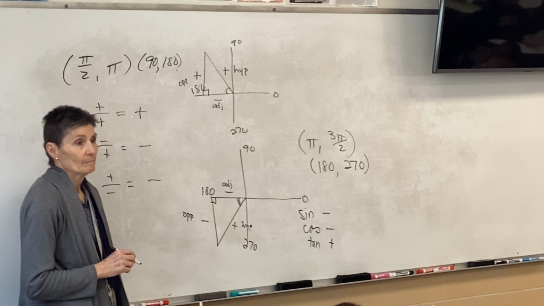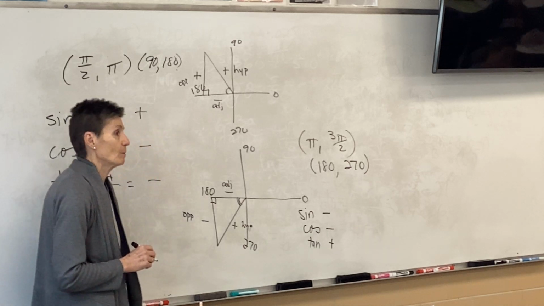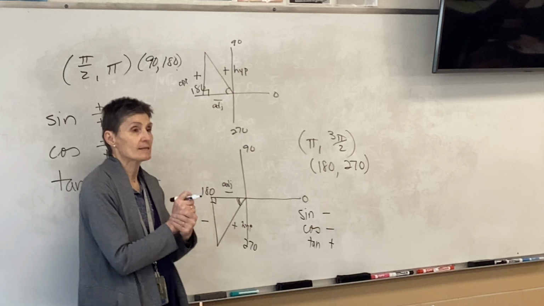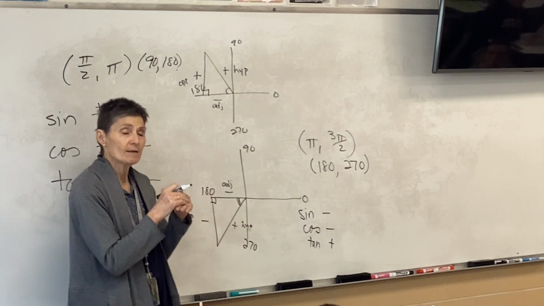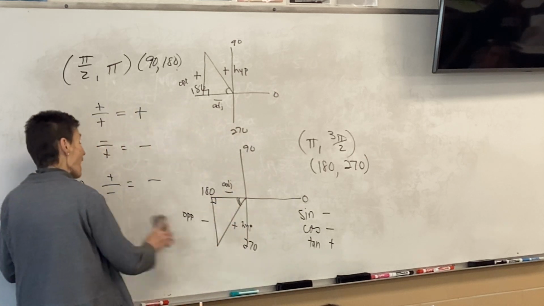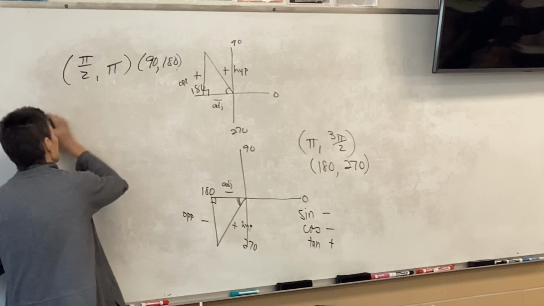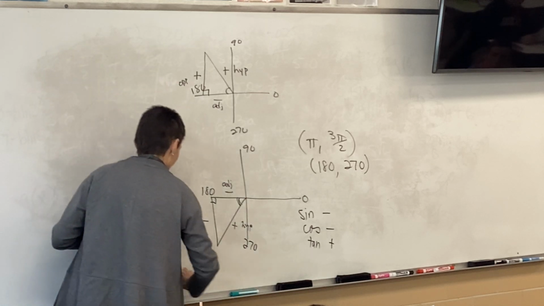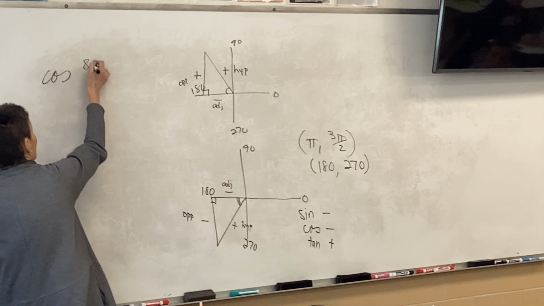All right? Tell the sign of the following. Now, I realize that you could type these in on your calculator and get the exact numbers. That isn't the point. The point is, we're trying to navigate all this positive, negative stuff. So, I want you to think about the cosine of 8 pi over 9.